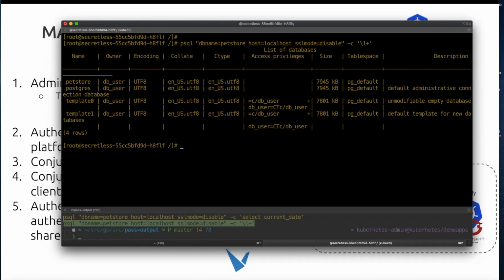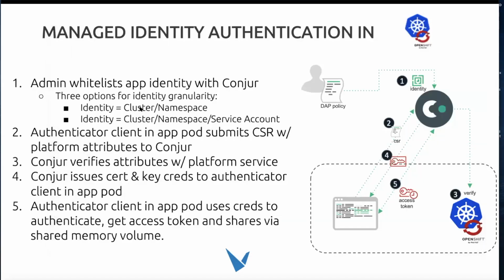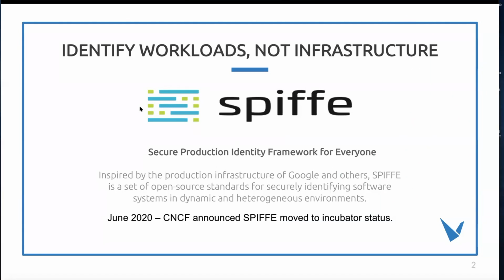I have a couple more things to talk about, and then I can give you some ideas for further investigation. So in June of 2020, CNCF announced that my favorite project has moved to incubator status, okay? And that is the Spiffy project. Spiffy stands for, and you can see it there, Secure Production Identity Framework for Everyone.